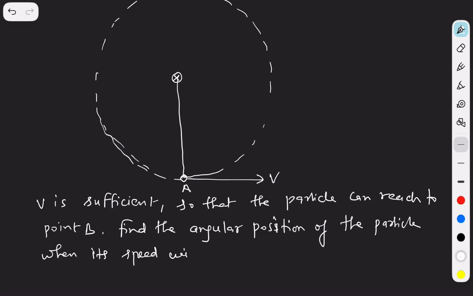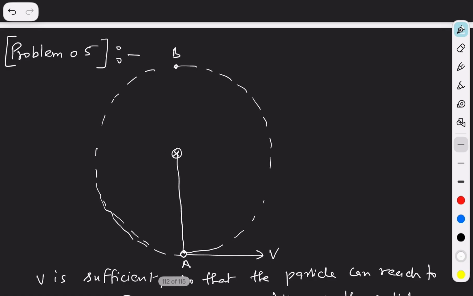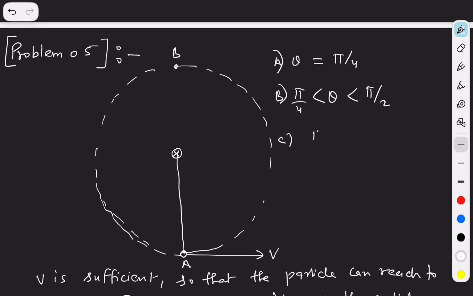And the options were given this way: option A, theta is equal to pi by 4. B, theta is less than pi by 2 and greater than pi by 4. C, theta is greater than pi by 2 and less than 3 pi by 4. And D is 3 pi by 4 to pi.